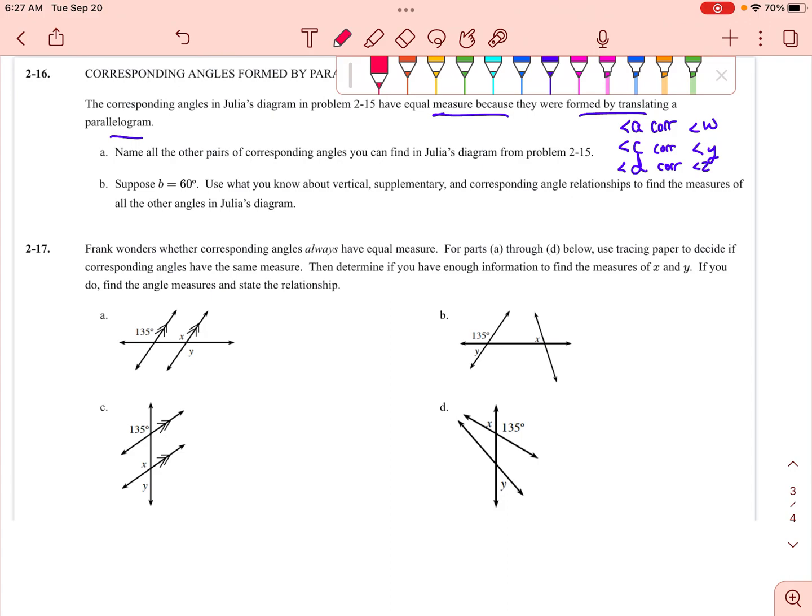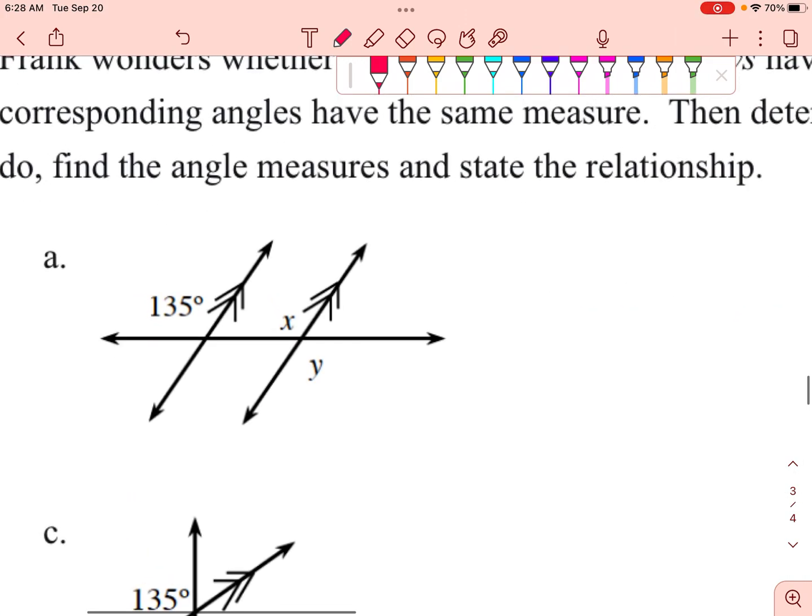For parts A through D, use tracing paper to figure out. Then determine if you have enough information to find the measure of X and Y. So if I was to use tracing paper and I tell you that this angle right here is 135 degrees, and I take it and I slide it over, does that look like it's also 135? Absolutely.